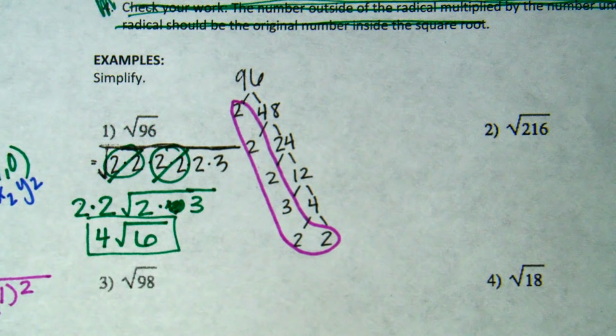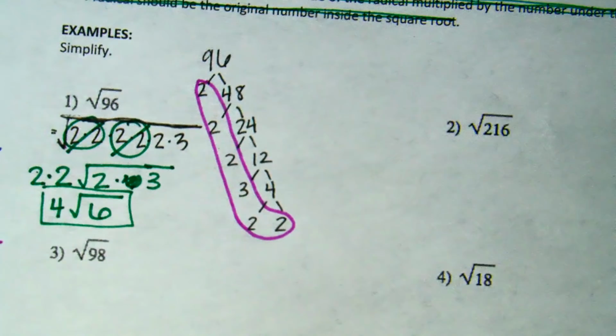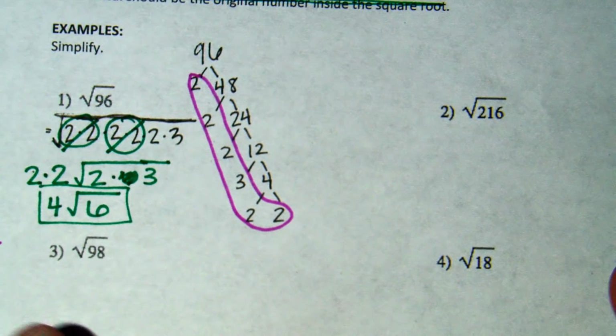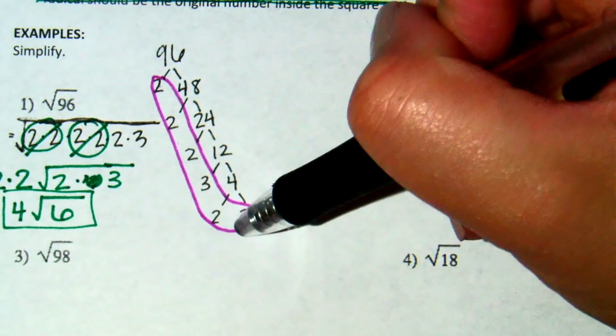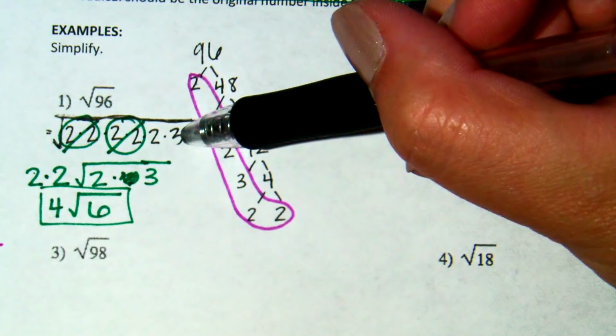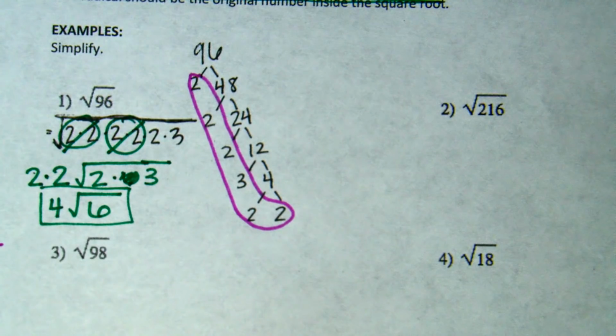So I'm going to do a few more of these. I might not talk my way through them, so you can put me on mute now if you want to, but I'm going to solve them the same way. I'm going to create a factor tree, then rewrite it, pull out the pairs, and go from there.